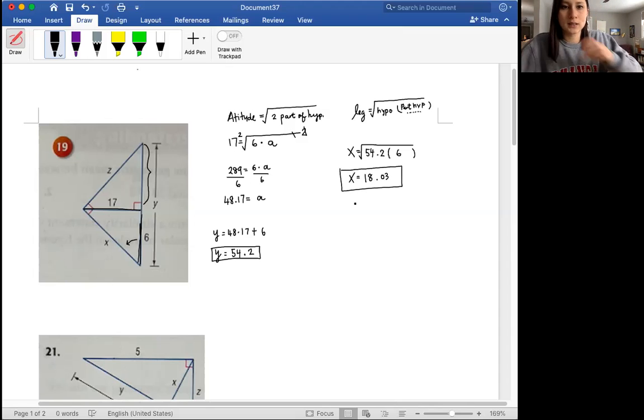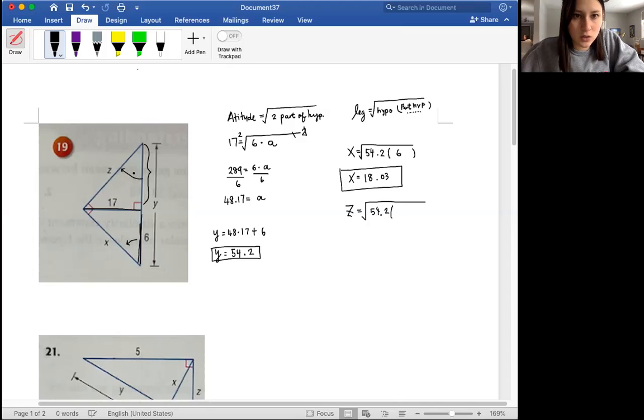All right, to find z, z would be the square root of the entire hypotenuse, 54.2, times the part of the hypotenuse touching z. So that's this segment right here. We don't have it labeled for us, but we did find it.